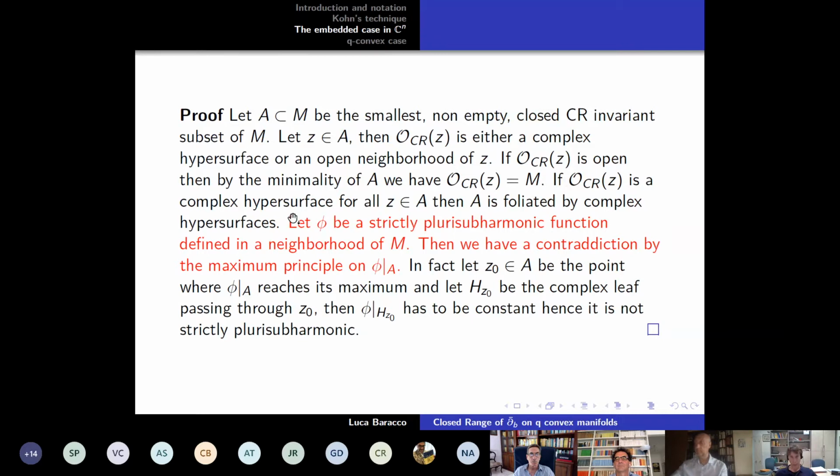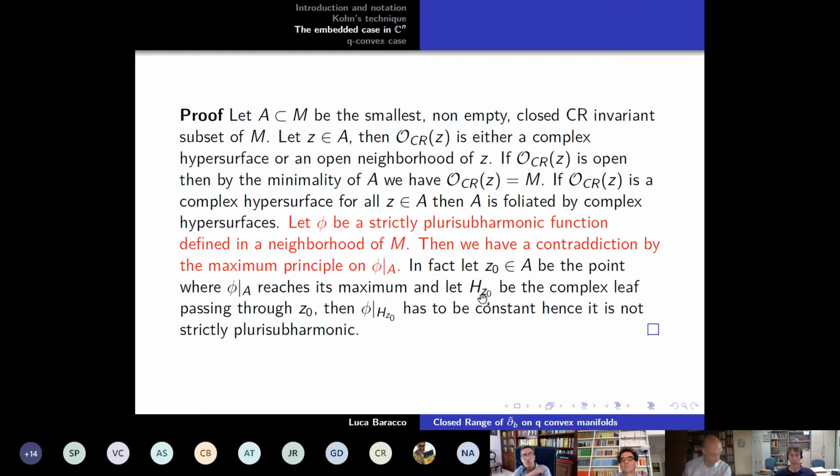And this gives a contradiction. Let phi be a strictly plurisubharmonic function defined in a neighborhood of M. We are in C^n, so we can take, for instance, the modulus of z squared. Then we have a contradiction, because by the maximum principle, we take the point where phi reaches its maximum on A, let me call it z naught.